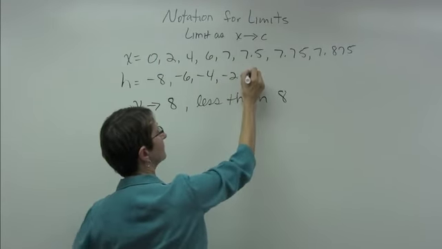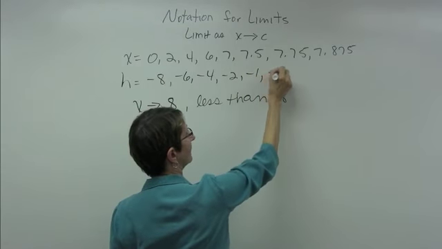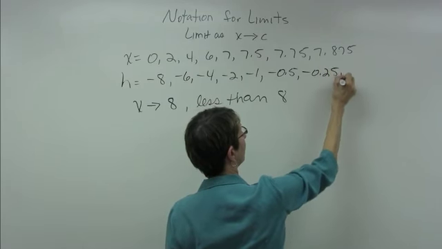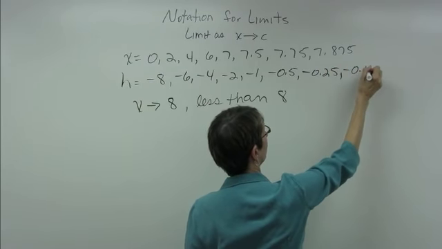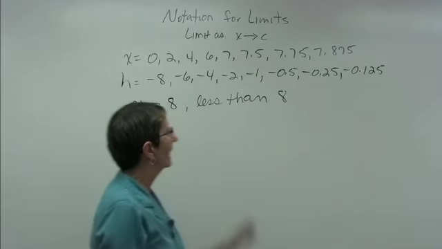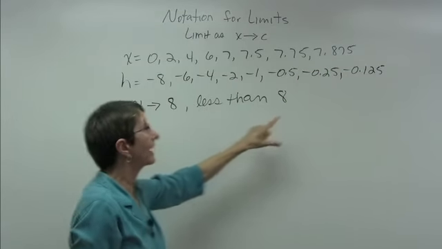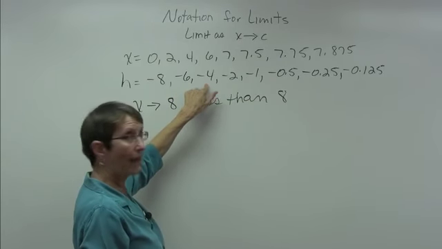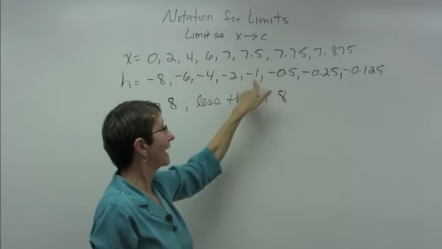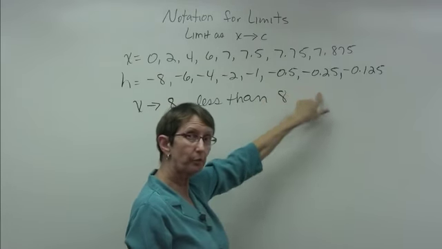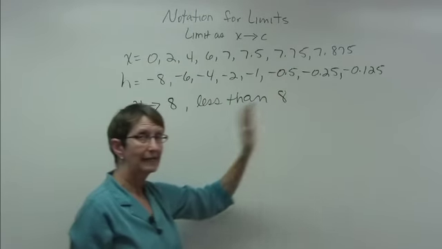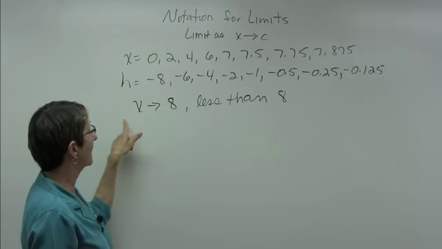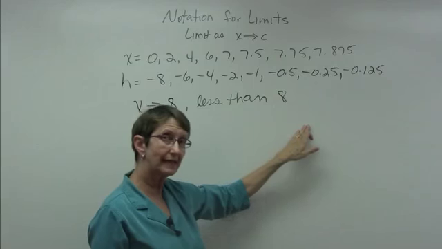After -2 at 7, it would be -1, -0.5, -0.25, -0.125, which gets me to my 7.875, and I could keep taking half. 4, half of that was 2, half of that was 1, half of 1 is a half, half of 0.5 is 0.25, and so on. So each time I'm taking half the distance away from 8. So x is approaching 8 with values that are less than 8.